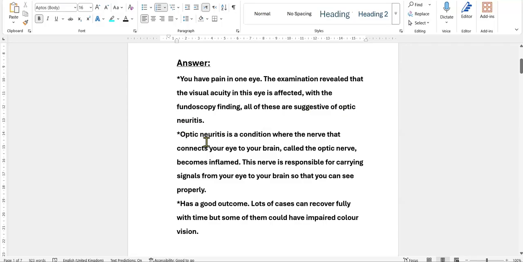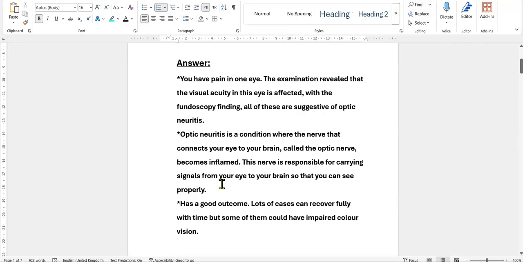What is optic neuritis? It's a condition where the nerve that connects your eye to your brain, called the optic nerve, becomes inflamed. All right? If you want to add more, this nerve is responsible for carrying signals from your eye to your brain so you can see properly. Because it's inflamed, your visual acuity is affected.